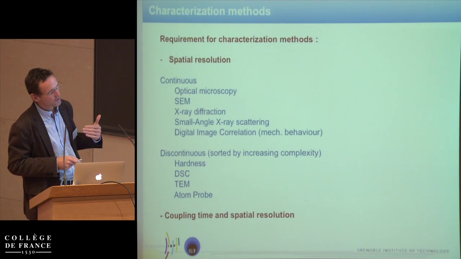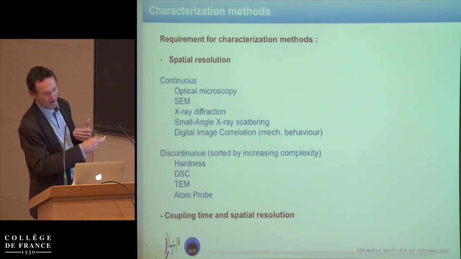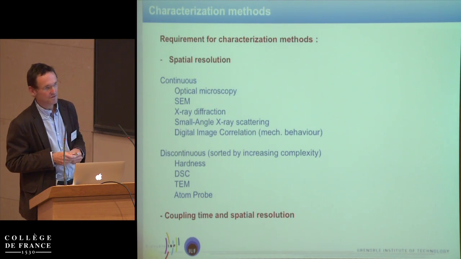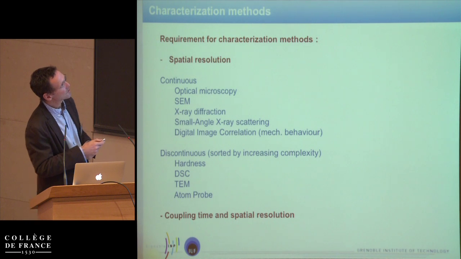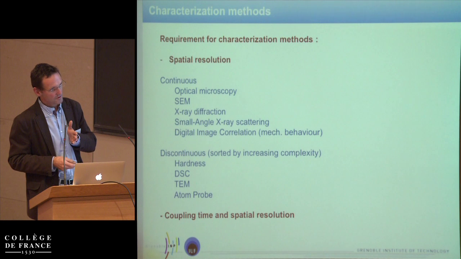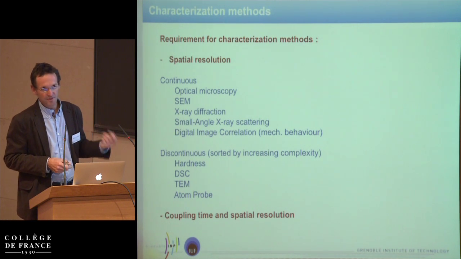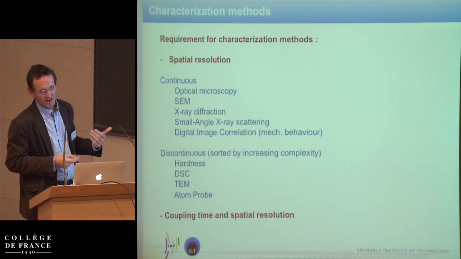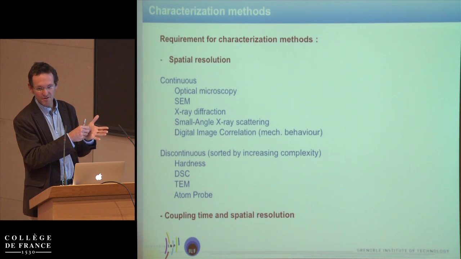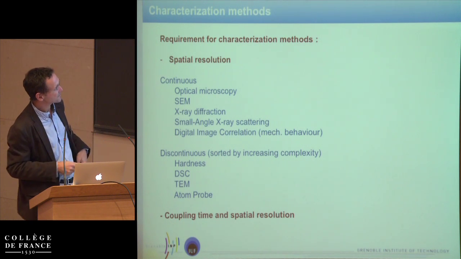For smaller features, you can go to X-ray methods, X-ray diffraction and small-angle X-ray scattering. I will give you some examples, which both have the advantage of giving you the resolution for the features you're looking at, nanometer or micrometer, and of resolving your diffusion couple.